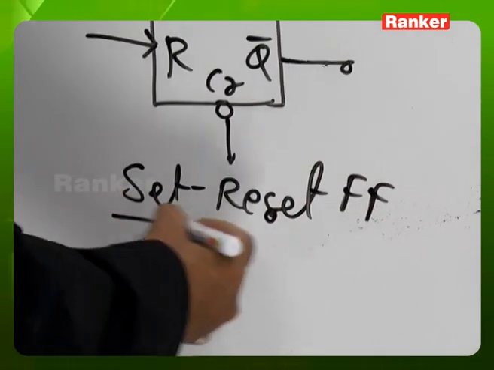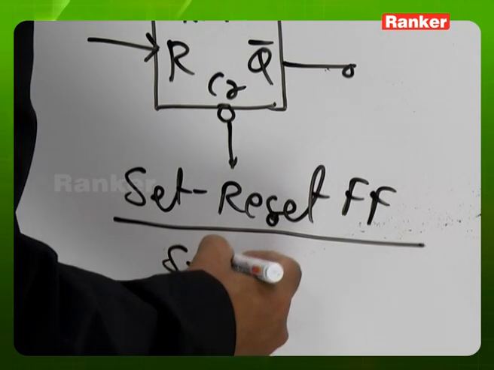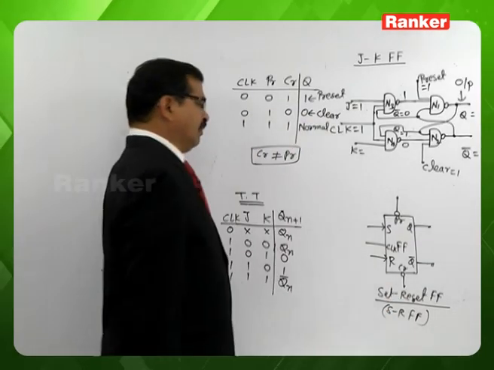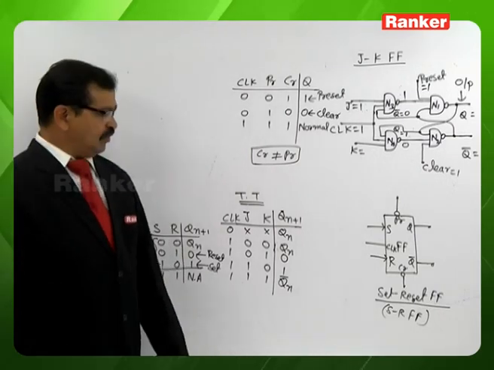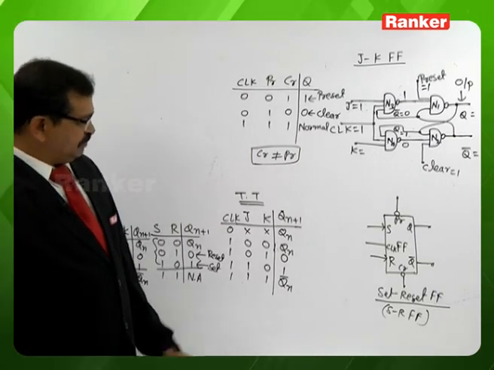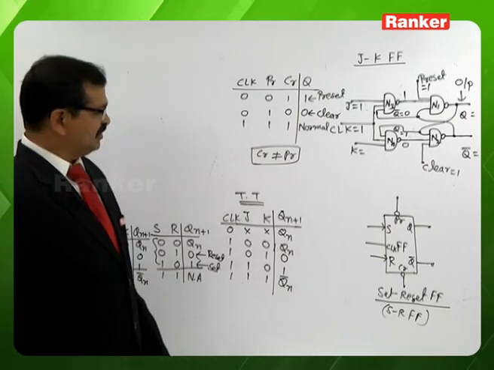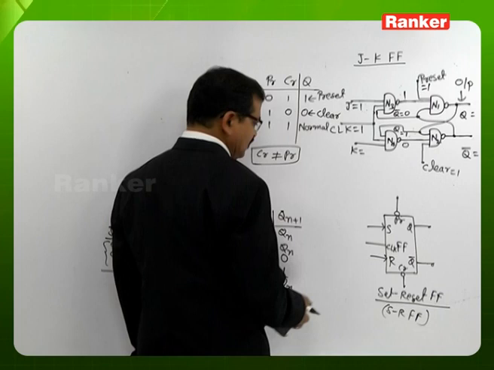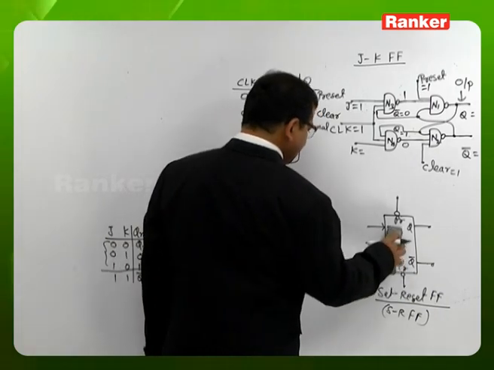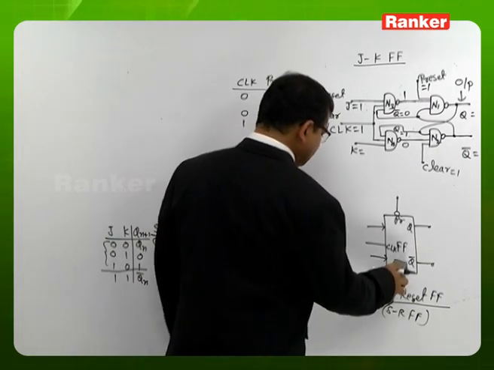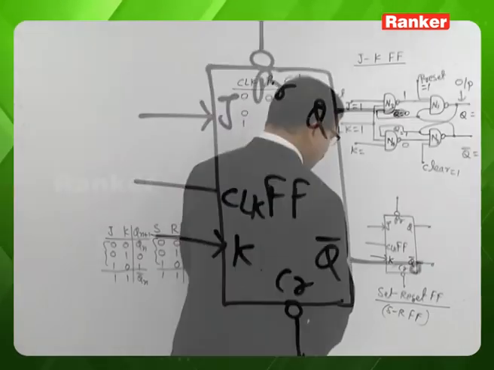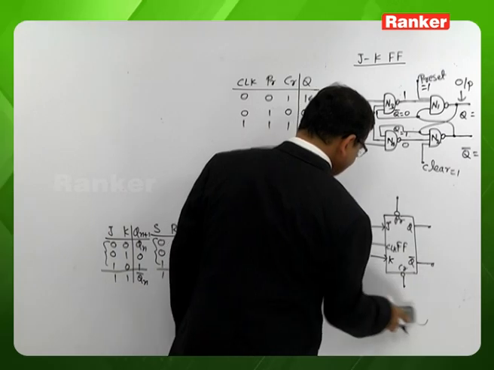In the abbreviated form, we name it the SR flip-flop. Similarly, the JK flip-flop symbol is the same as it is, with a small modification inside the terminals: the terminals are now named J and K. That is the only small modification required.